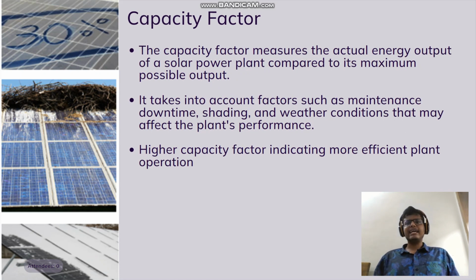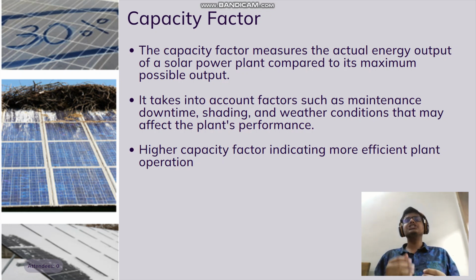Now let's understand the capacity factor. Capacity factor measures the actual energy output of a solar power plant compared to its maximum possible output. It takes into account factors such as maintenance, downtime, that is, with time the efficiency of the solar power plant does reduce, shading effect as discussed earlier, and weather condition.